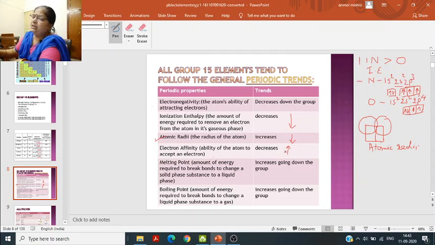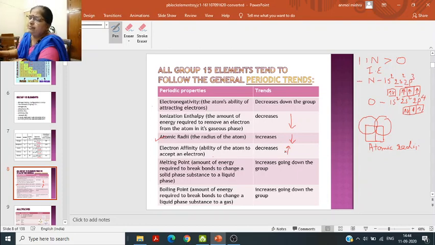Because as we move down the group, the size increases, so the tendency to accept an electron decreases. The nuclear charge or force of attraction between the nucleus and the valence shell goes on decreasing.